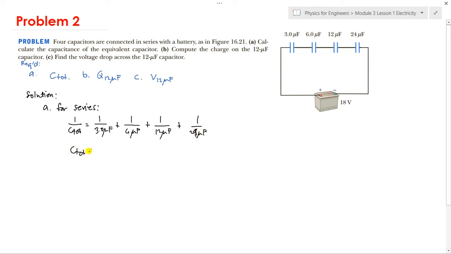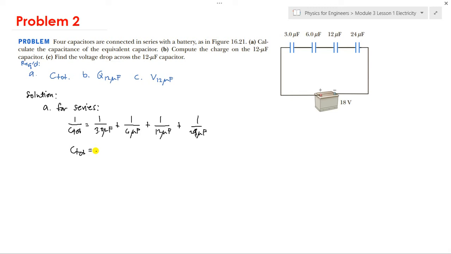So the total capacitance here is the reciprocal of the answer of this one. 1/3 plus 1/6 plus 1 over 12 plus 1 over 24.